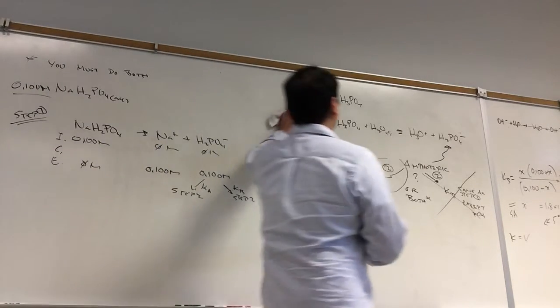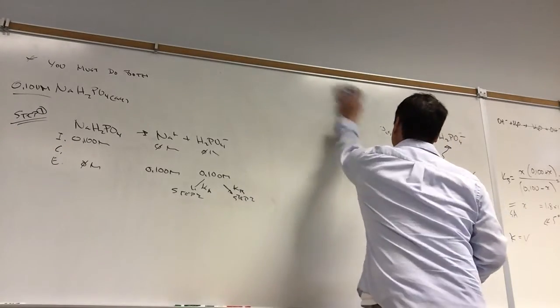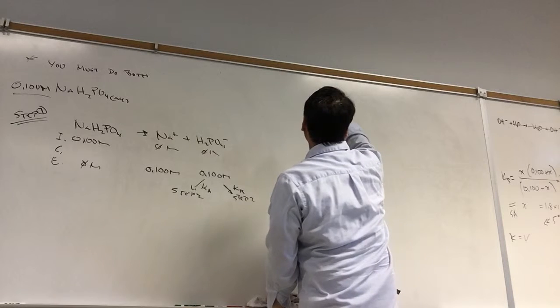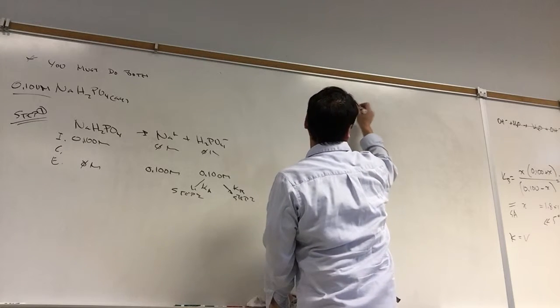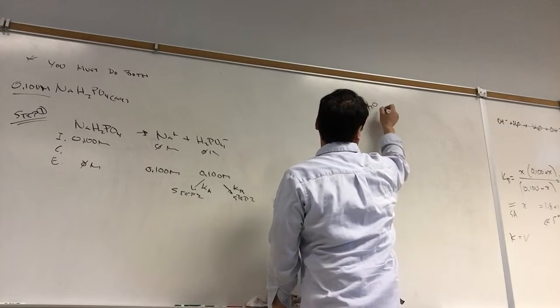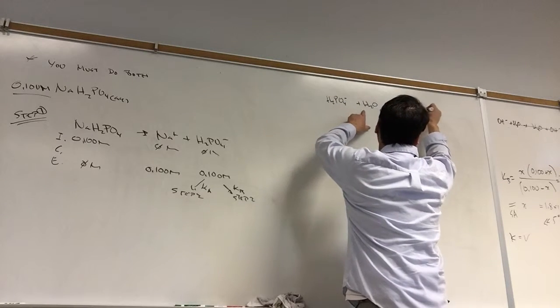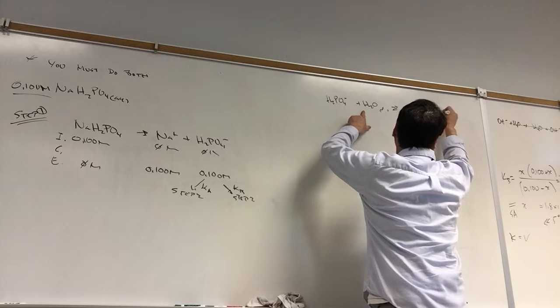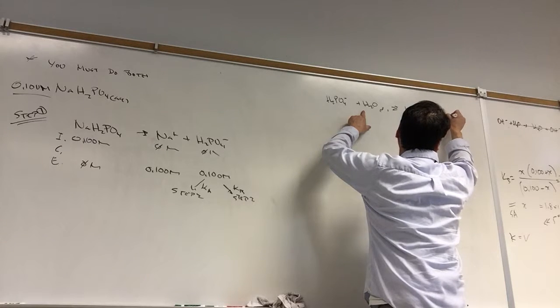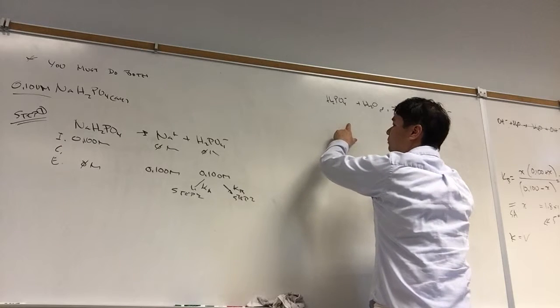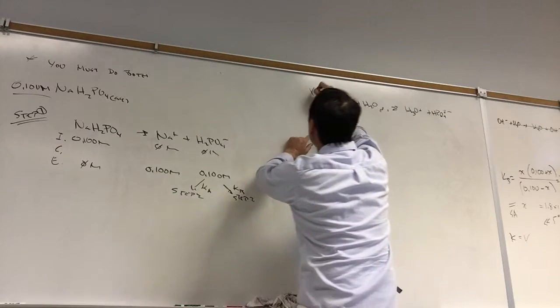And so what is the Ka? Well, the Ka is going to be H2PO4 minus acting as an acid. And so when it acts as an acid in water, we're going to form hydronium and HPO4 2 minus. So this is my Ka.